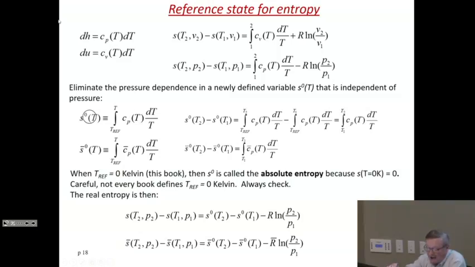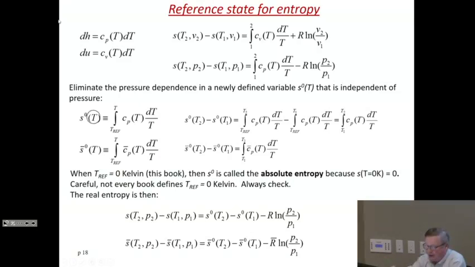So we arbitrarily define a reference state so that we can write S naught as not being pressure-dependent. Well, that reference state is in the book, so it's at 0 Kelvin. And so we're going to have here an absolute entropy, because S naught of 0 is 0. That is the Nernst principle.